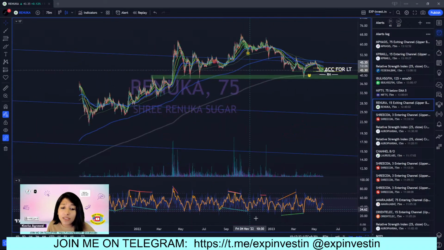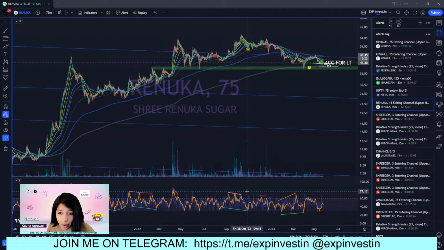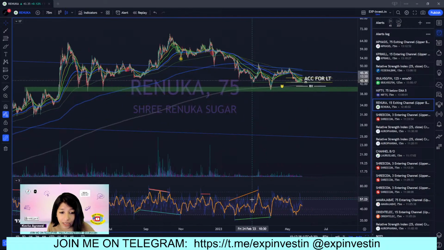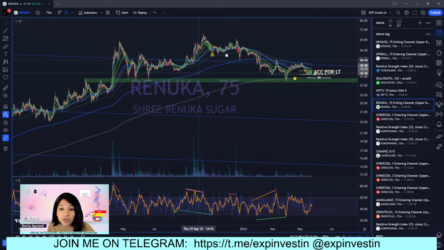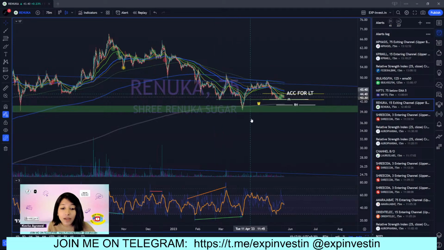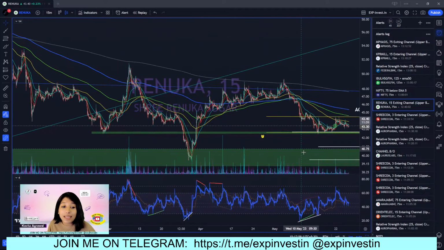What we can see is that there is a very strong uptrend already in place, and we just discussed the importance of the level of 30 on the RSI on the 75-minute time frame. Because this stock is already in a strong uptrend, it coming down to the level of 30 and taking support the third time is a strong time to get into it.